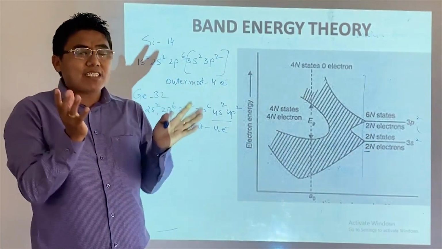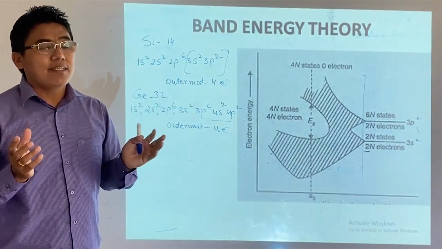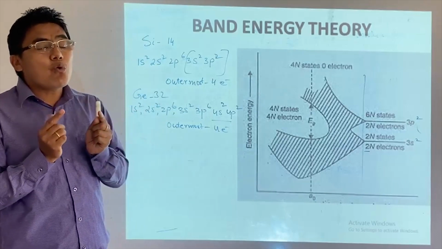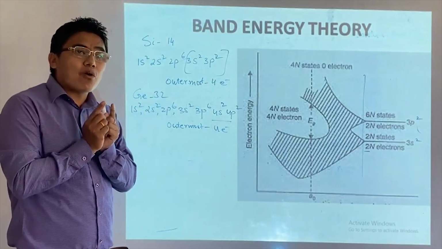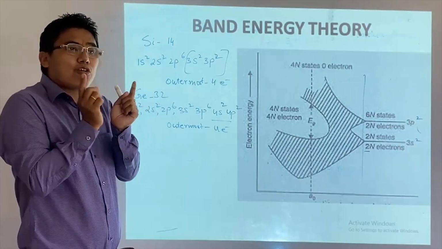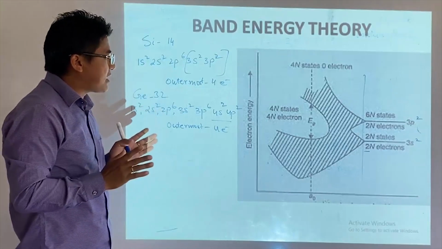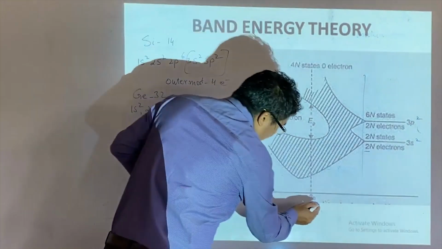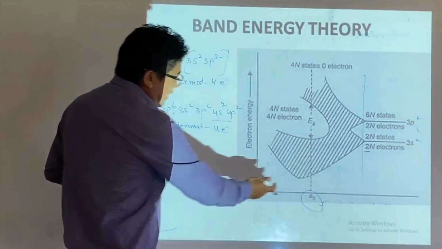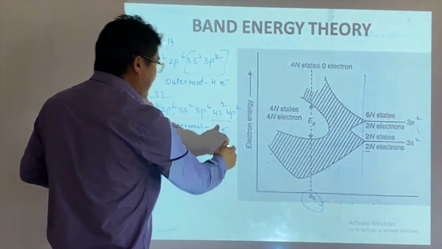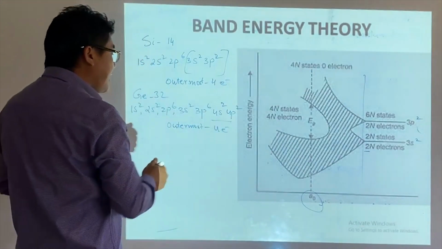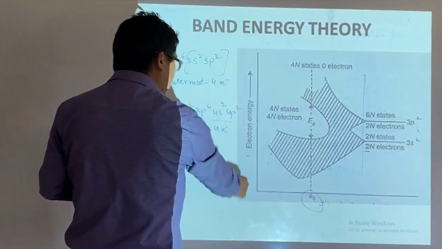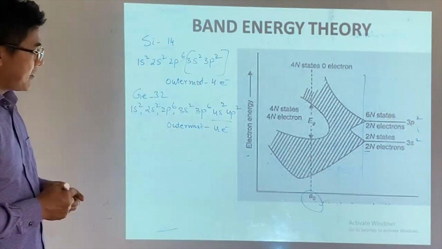However, when we have a silicon crystal, the distance between two silicon atoms is very close. So the band energy theory says that this is the interatomic distance, and this is the electron energy, right?